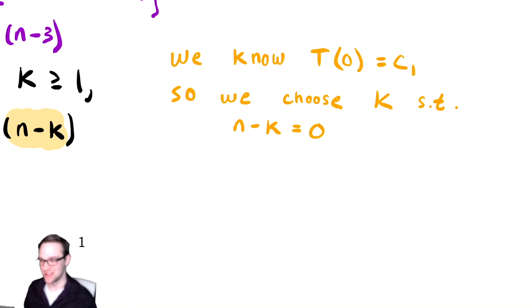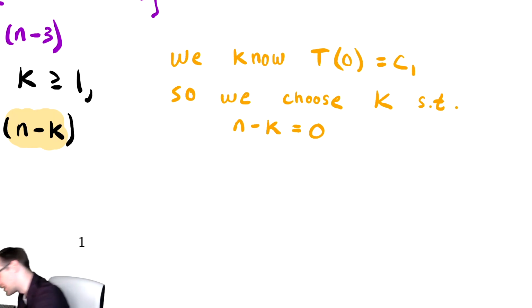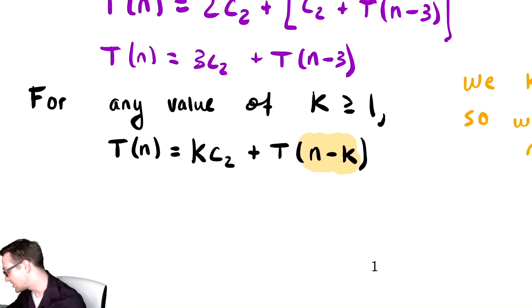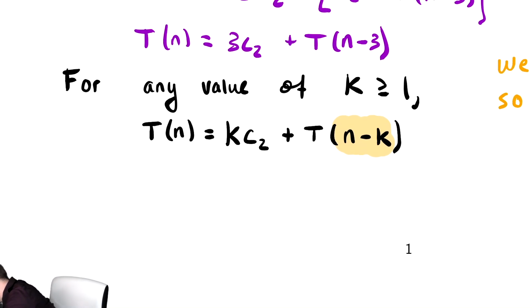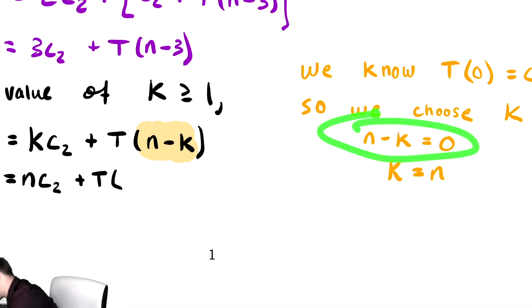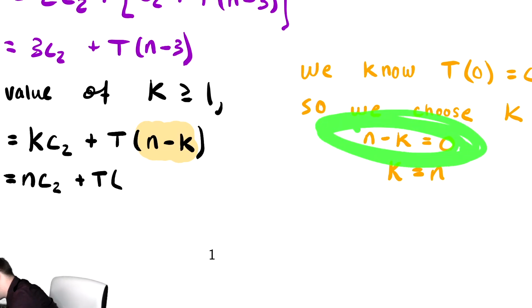This is really easy algebra. Add k to both sides, and you get k is equal to n. So if I go back to my equation and replace k with n, we have n times c2 plus T(n-k), which by definition is equal to T(0).